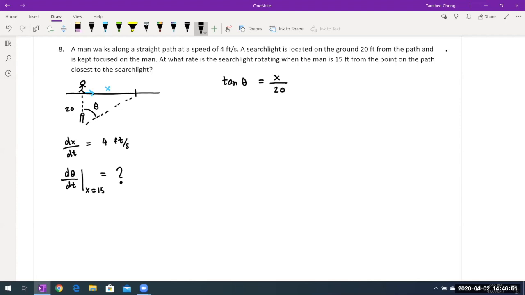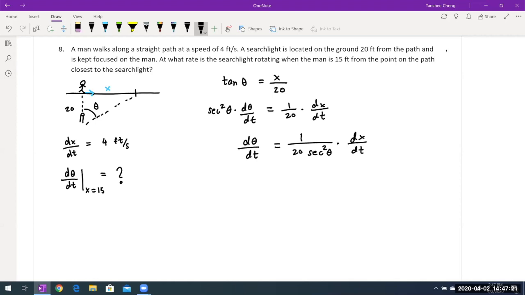So when I take derivatives on both sides, that will be secant squared theta times d theta/dt equal to 1 over 20 times dx/dt. Simplifying, d theta/dt is equal to 1 over 20 times cosine squared theta... rather, d theta/dt equals 1/(20 secant squared theta) times dx/dt. We are interested in d theta/dt when x is equal to 15.